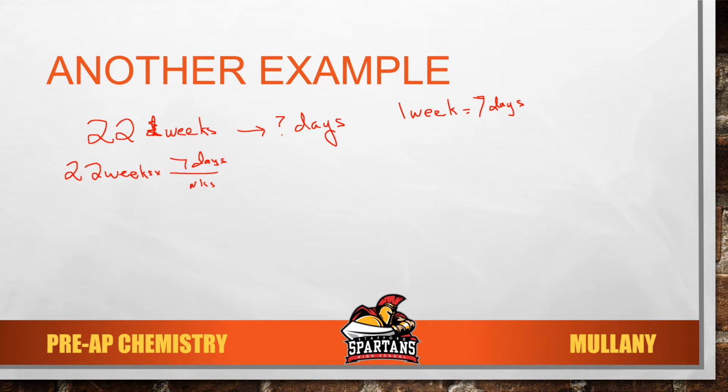It's 7 days and 1 week, so week cancels weeks. So 22 times 7 divided by 1. Final answer, 22 times 7: 154, yeah, it is 154. If you write down 154 as your final answer, no, it's 154 days.